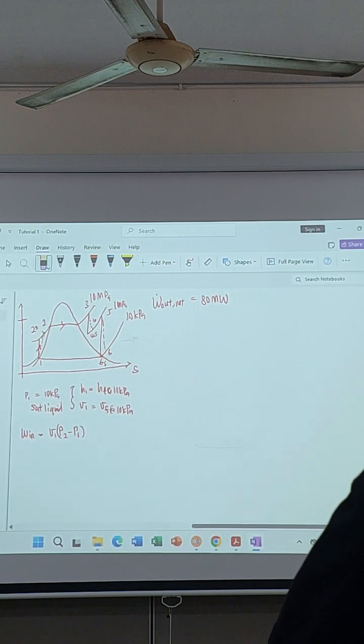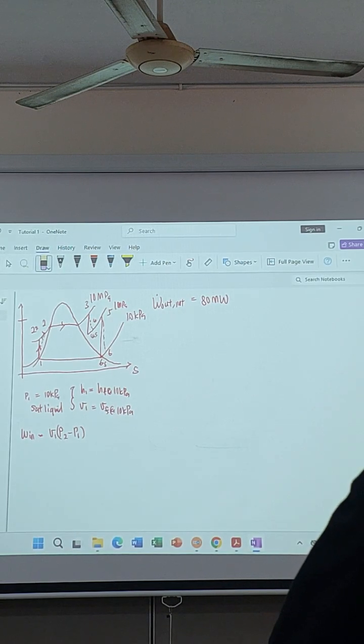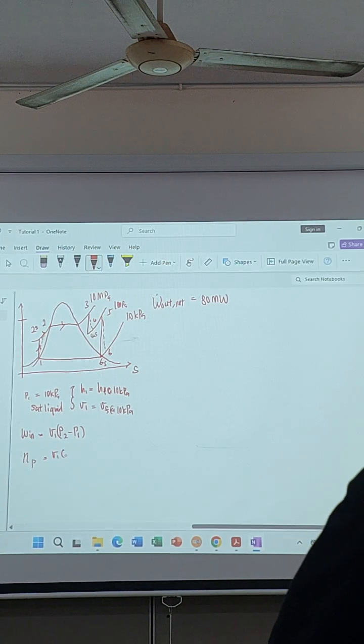Now, this one is always the ideal one. P2 minus P1 is always the isentropic version, it's not the actual version. So if we include the efficiency of the pump, then this is the ideal one.